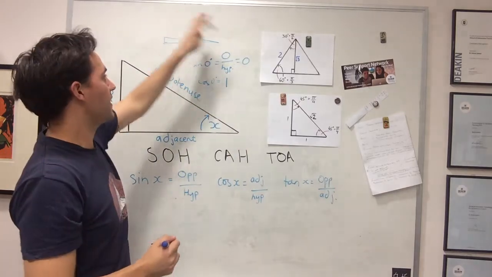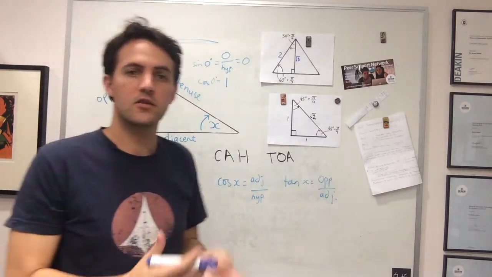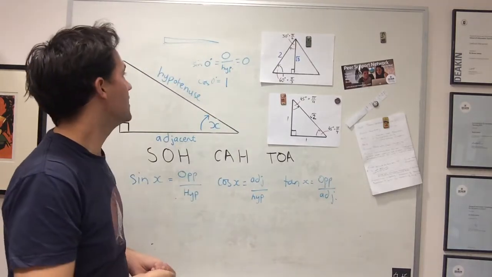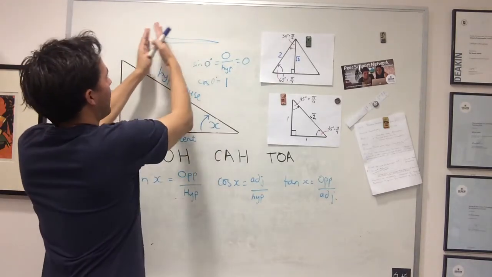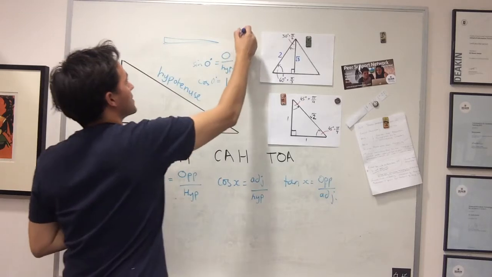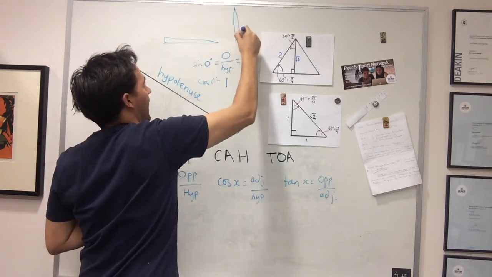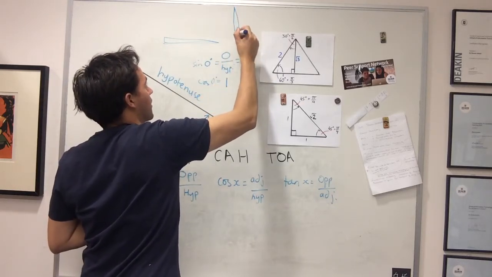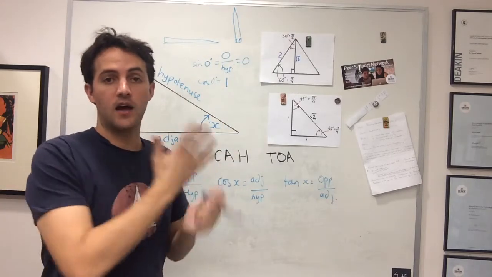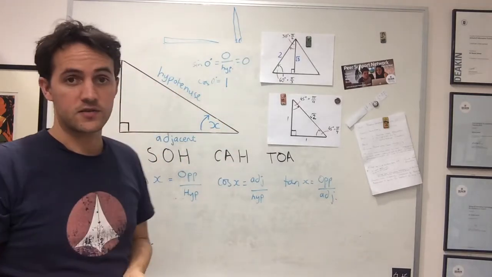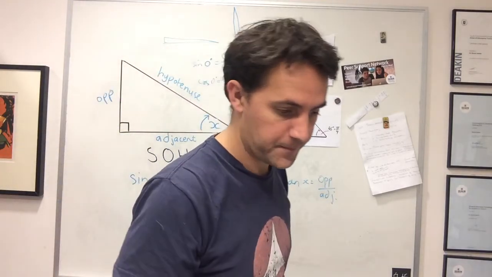We don't worry about these values too much, but it's a good idea to think of it. As an extra activity, imagine what would happen if this angle approaches 90 degrees. What happens to these ratios? It's worth thinking about.